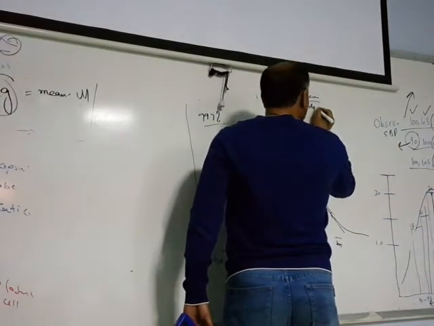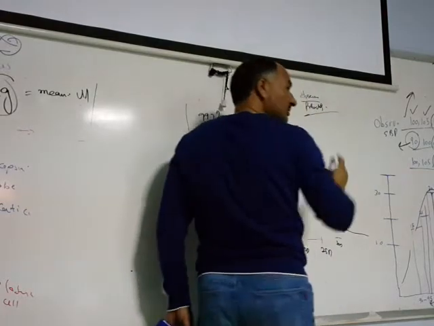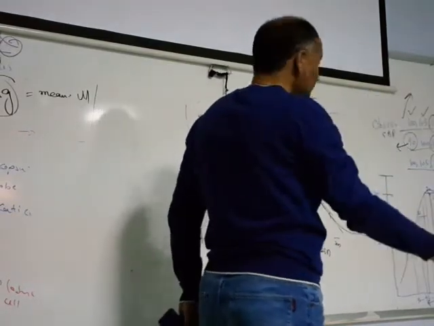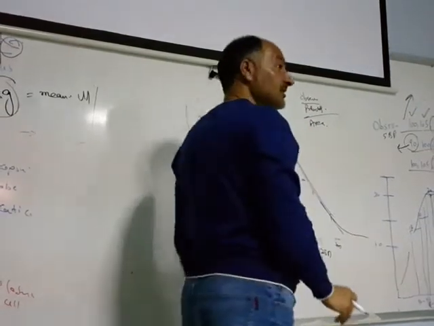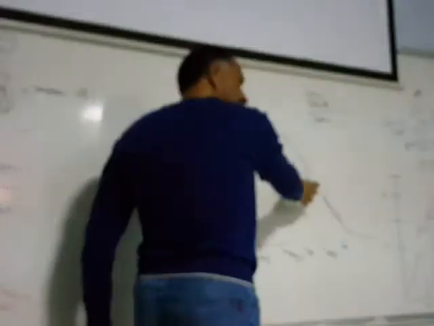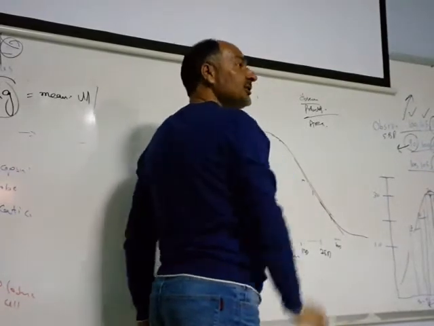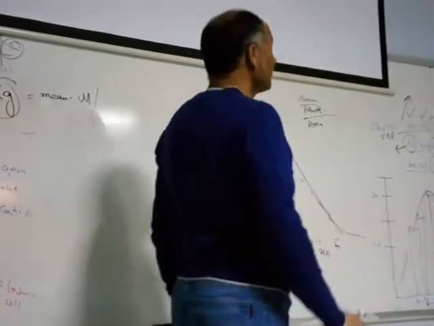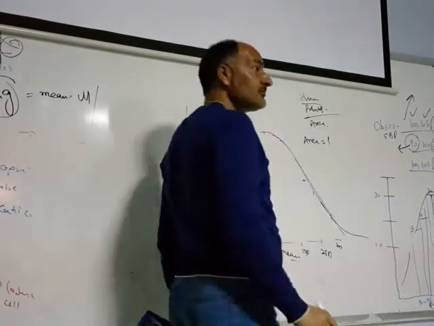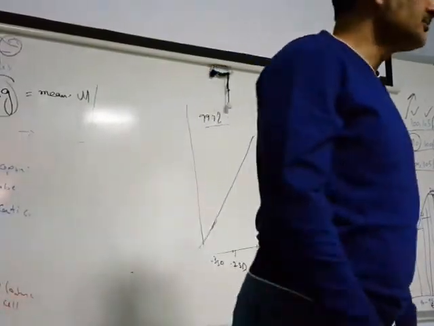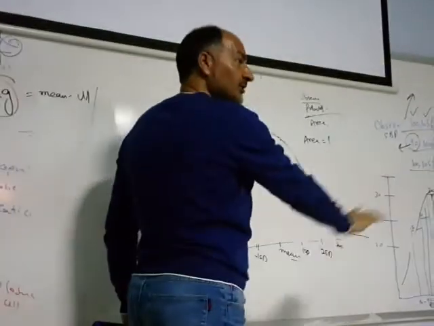We also talked about the probability of any observation to fall within 1 or within 2. The third thing is area. You must understand that the total area under this curve is always equal to 1.